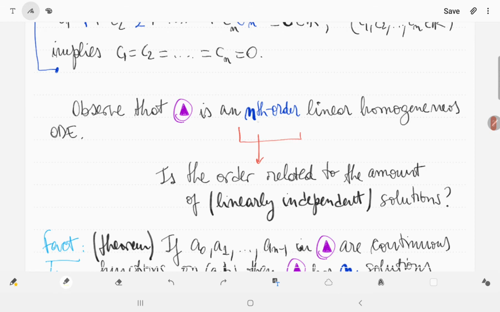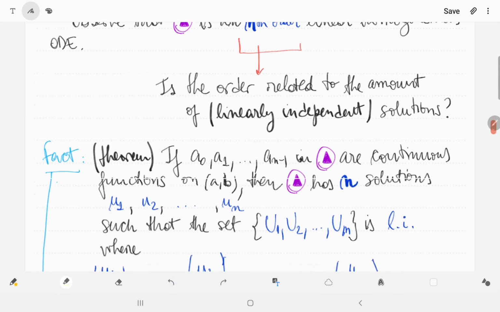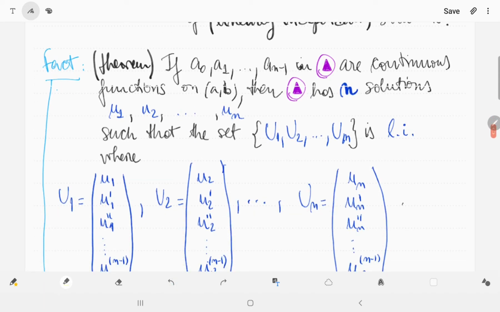So we wonder, is this number n related to the amount of linearly independent solutions that we have? Well, the answer is yes. We are not going to give the proof here, but there is a fact.